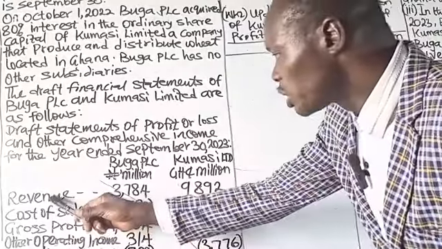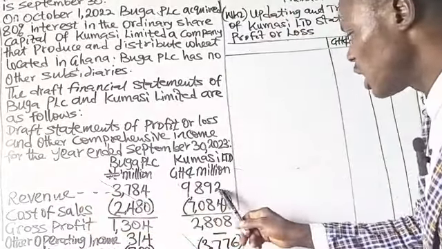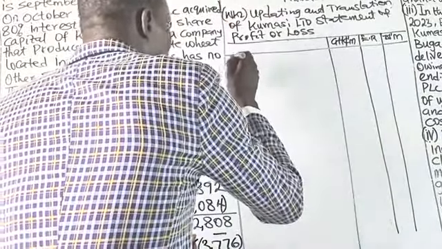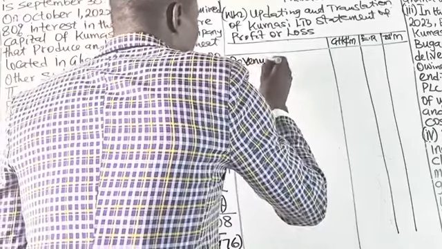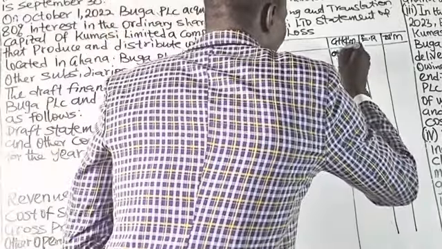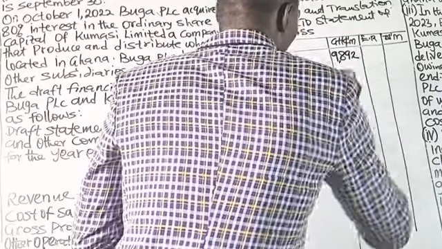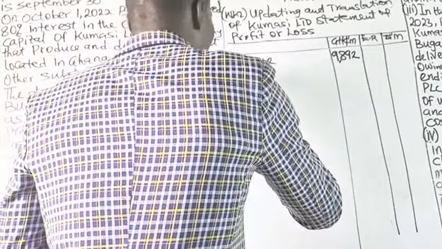The first item is revenue, 9892. After revenue, we have cost of sales.